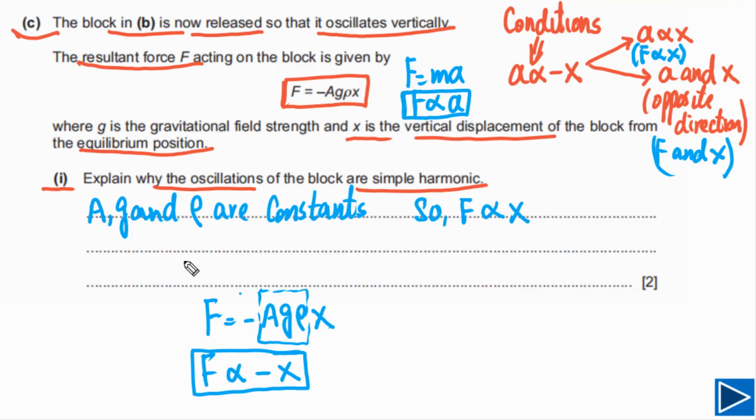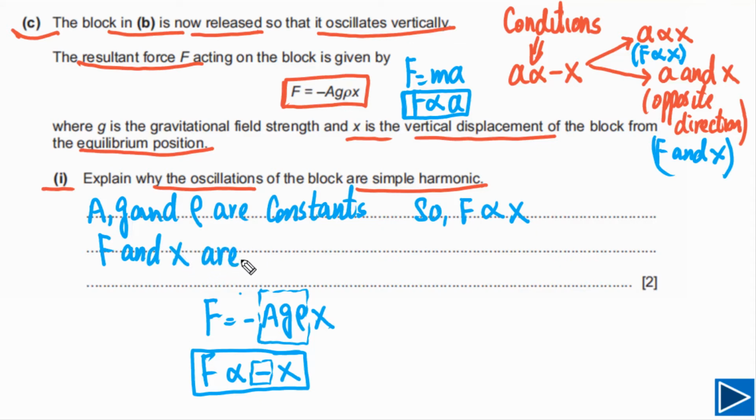In order to get the second mark, we need to write down the second condition for simple harmonic motion, or simply explain this minus sign. This minus sign simply tells us that F and x are in opposite directions.